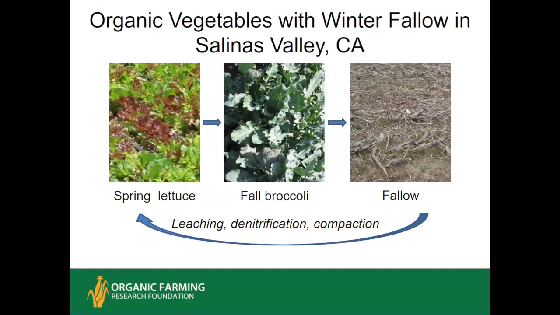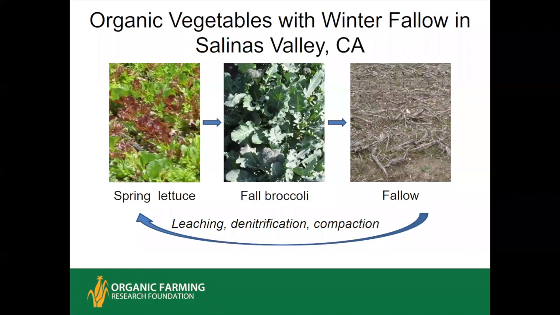So Dr. Brennan was working in the Salinas Valley on an organic vegetable rotation. It was a fairly simple rotation: spring lettuce followed by fall broccoli. And then during the winter, this is in Central California, the ground was either fallowed or cover cropped.